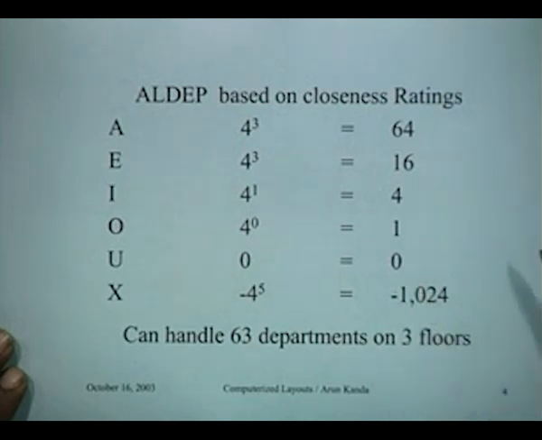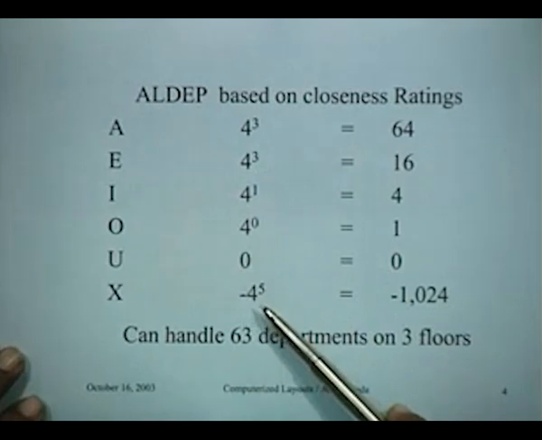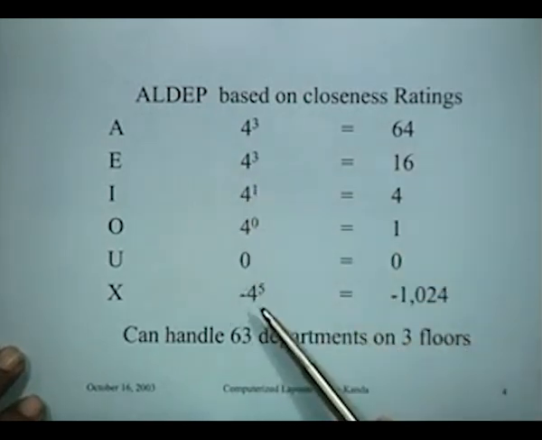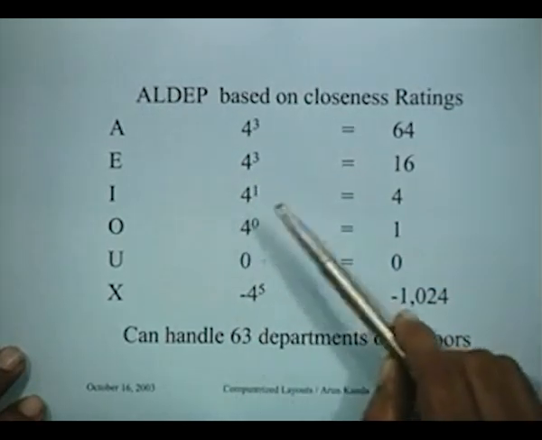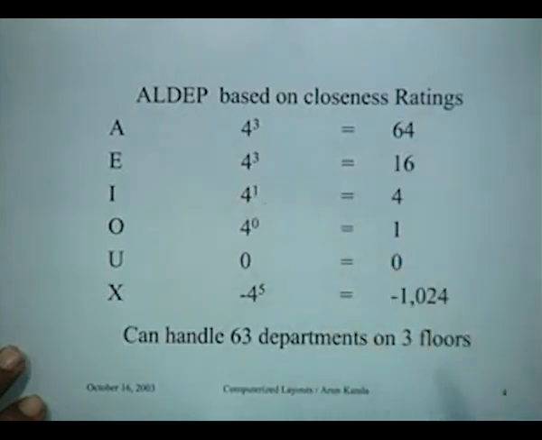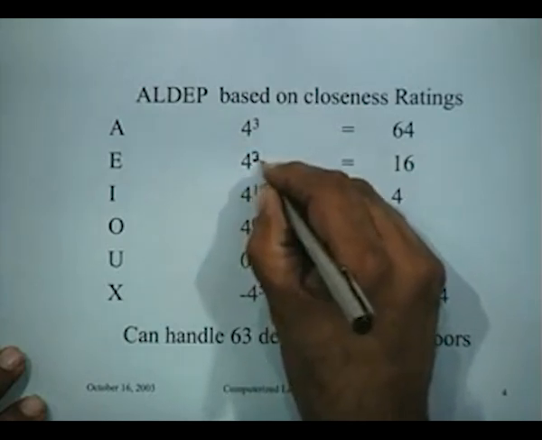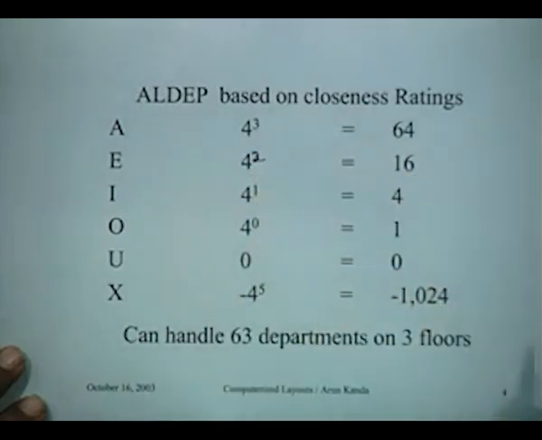So ALDEP is based on this scheme, and this very scheme is subsequently used for purposes of scoring different kinds of layouts. These are the numerical values given to these ratings. So it is 4 to the power 1, 4 to the power 2, 4 to the power 3, and the X, which is a highly undesirable requirement between two departments, is given a negative score of minus 4 raised to the power 5.